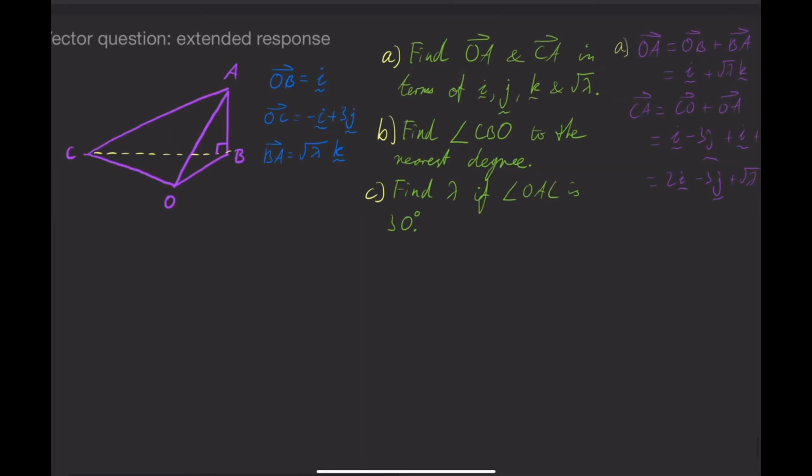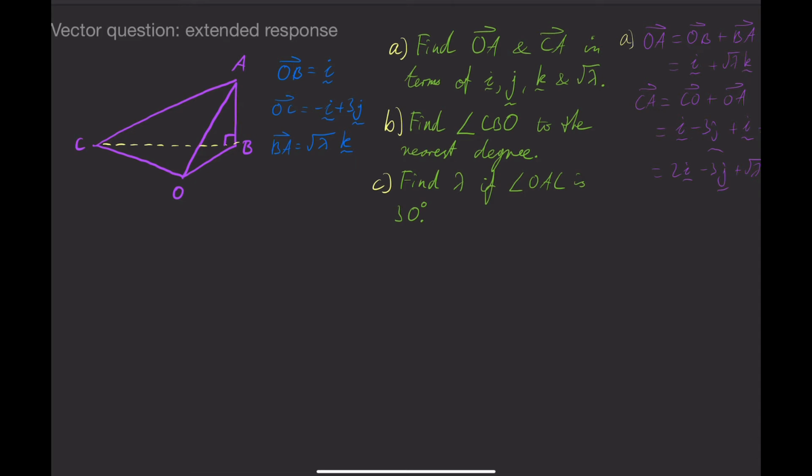Now, part B, we want to find the angle CBO to the nearest degree. So the angle CBO is this angle here on the base of our tetrahedron. So let's think about what we can do here. Let's do that in yellow, we want this angle here. Now we're going to use our dot product.